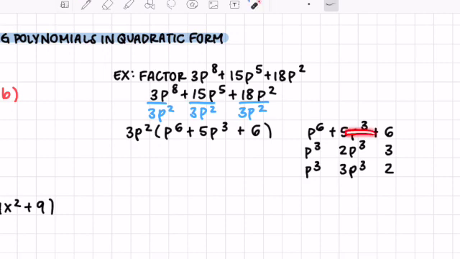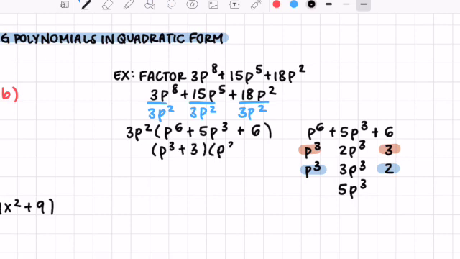When I combine those two together, I'm left with 5p to the power 3, which is my middle term. So I do know that these factors are going to work out for sure. So right here, I get p to the power 3 plus 3 times p to the power 3 plus 2. And I'm just going to drop down that 3 times p to the power 2. And that would be my final answer.